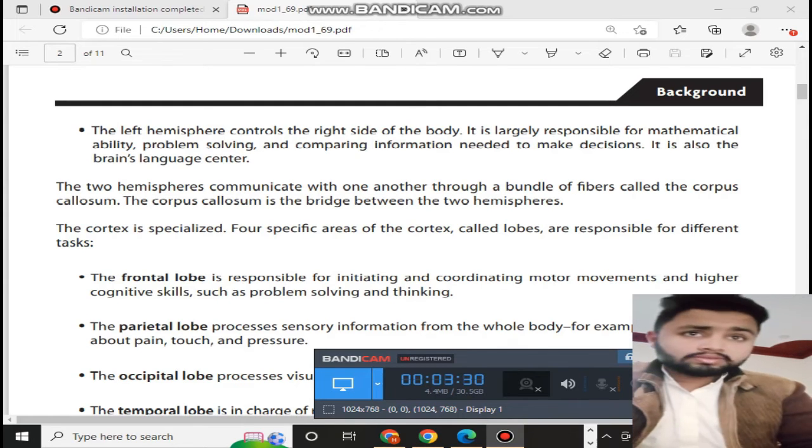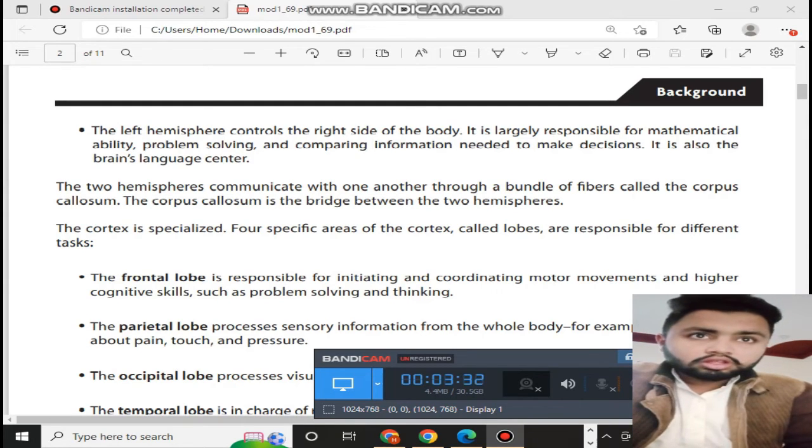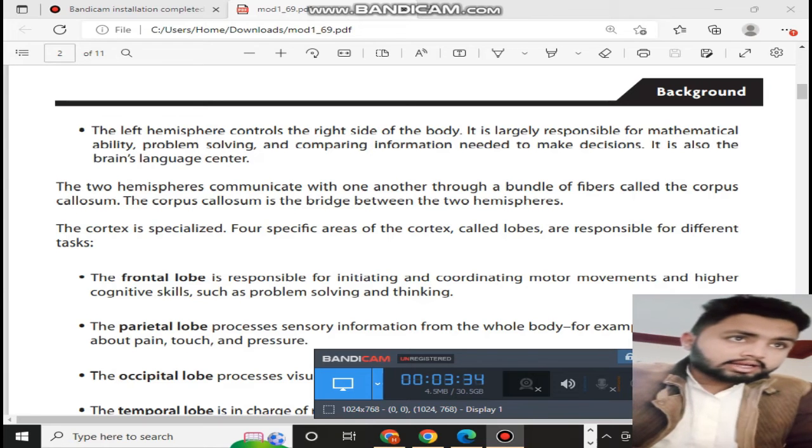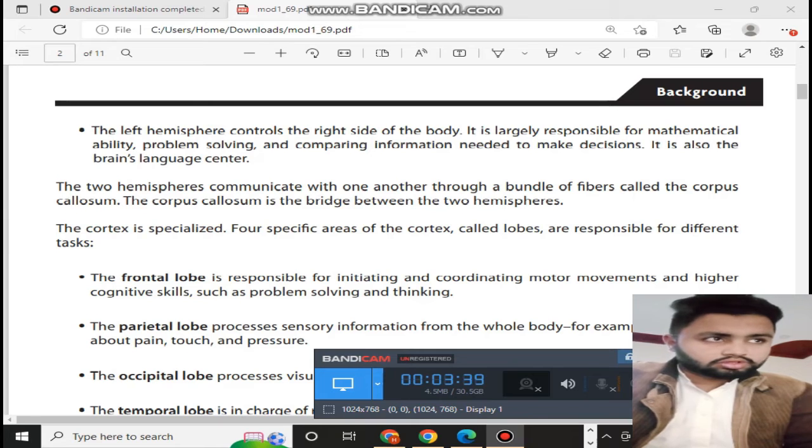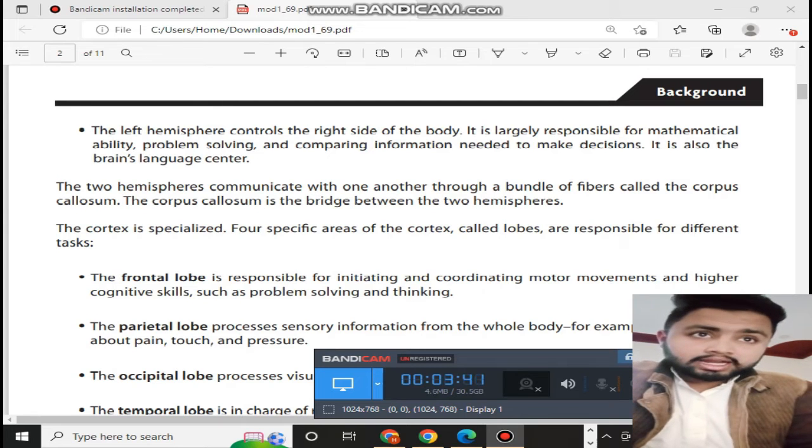It is largely responsible for mathematical ability, problem solving, and comparing information needed to make decisions. It is also the brain's language center.